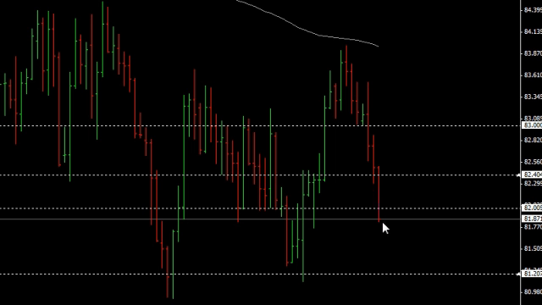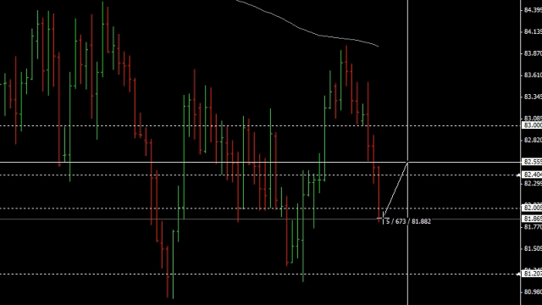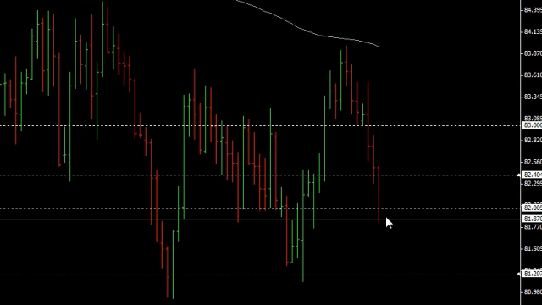It blew straight through. So pips-wise, we've made a lot of pips in the trade. From the low of the bar to where we are, we're looking at 70 pips up. The stop's at break even, so there's no risk in the trade.